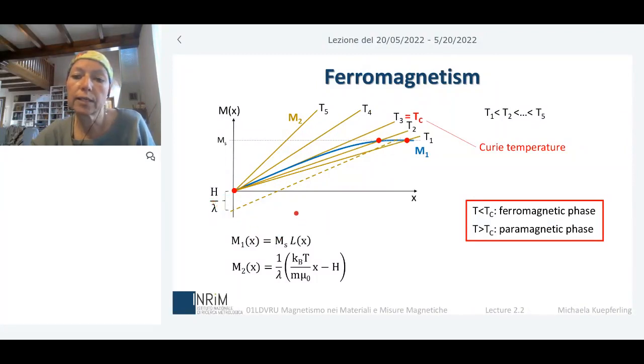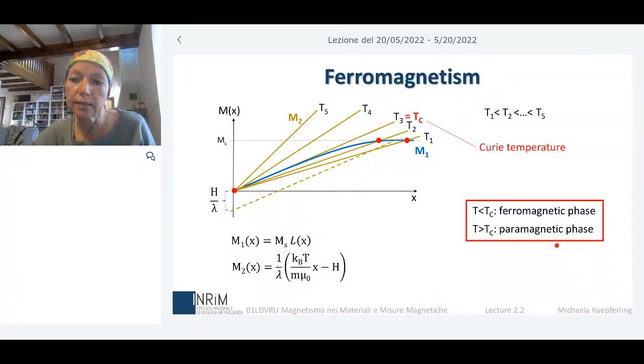So already you can see also an interesting remark is, if we have an applied magnetic field from outside, then you will always have a crossing. However, usually we don't have a crossing above the critical temperature, and this critical temperature, I already tell you now, is called the Curie temperature.